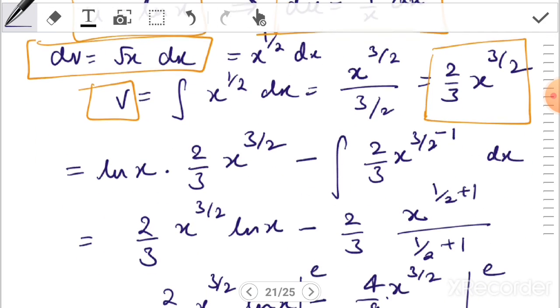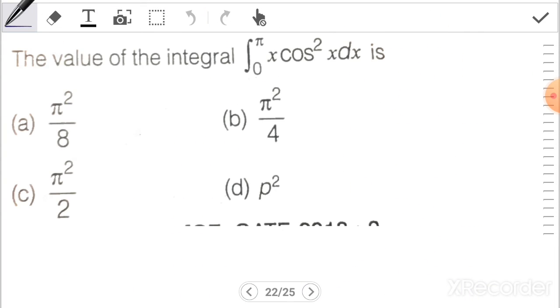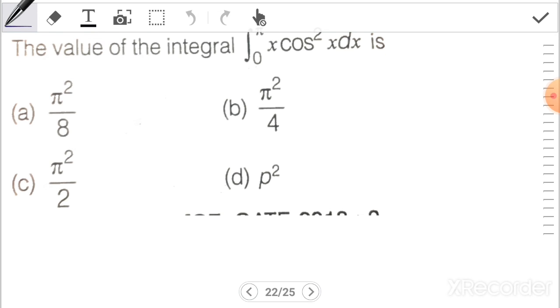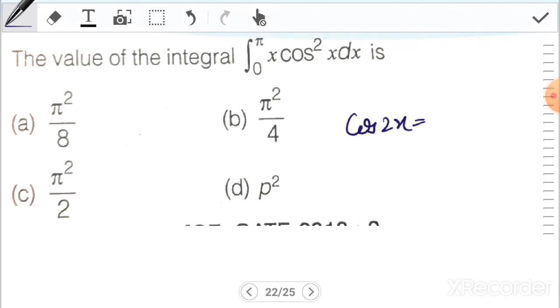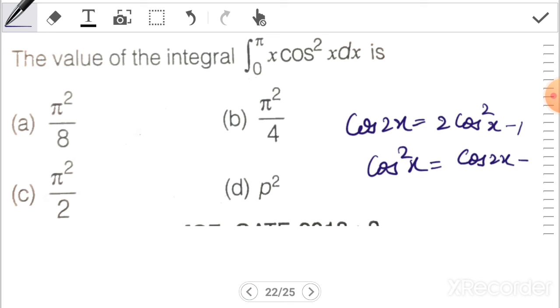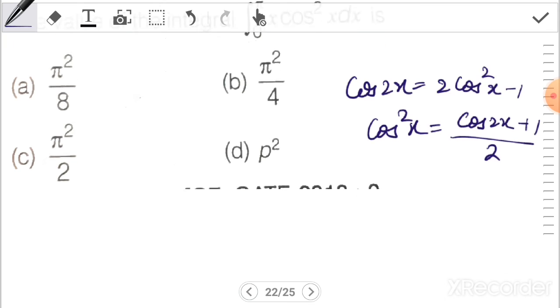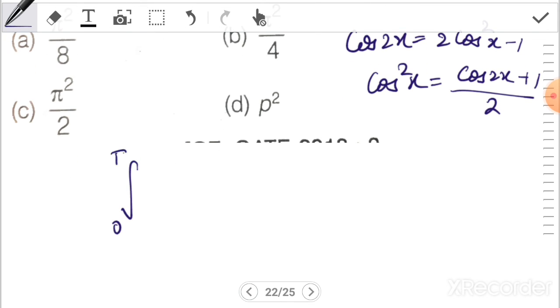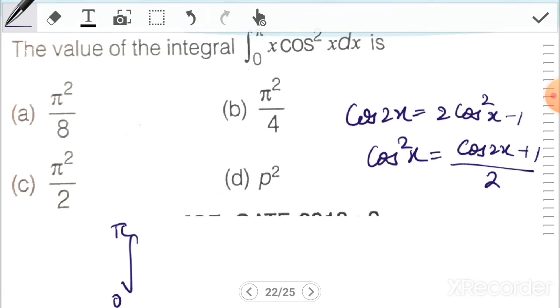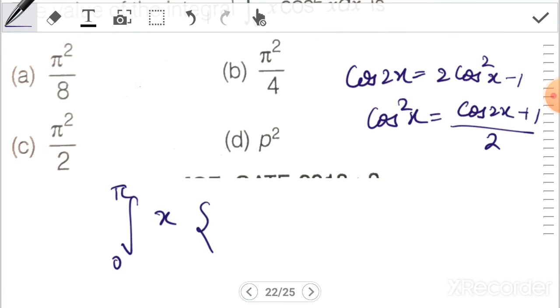Now let us go to the next problem. The value of the integral from 0 to pi of x cos square x dx is. Okay, so we can write cos square x as, we know that cos 2x is nothing but 2 cos square x minus 1. Then cos square x can be written as (cos 2x plus 1) by 2. So here, 0 to pi x (cos 2x plus 1) by 2.